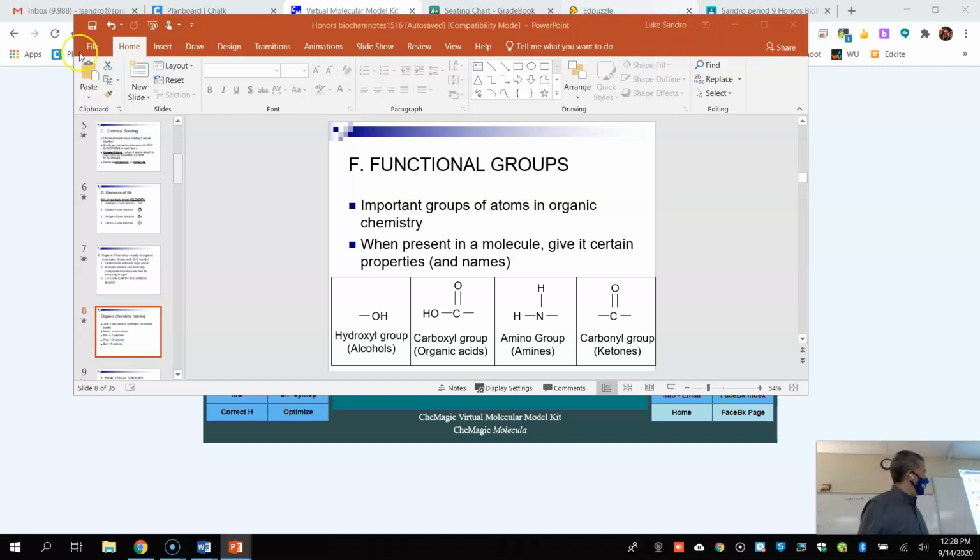Okay, next functional group. A little more complicated. Now we've got a double bond, and we haven't seen that yet. That's called a carboxyl group. Try doing that in the software once you've drawn it.